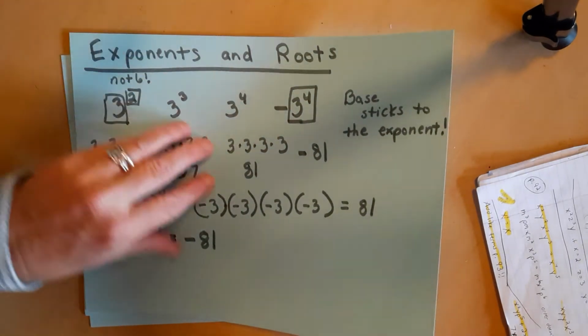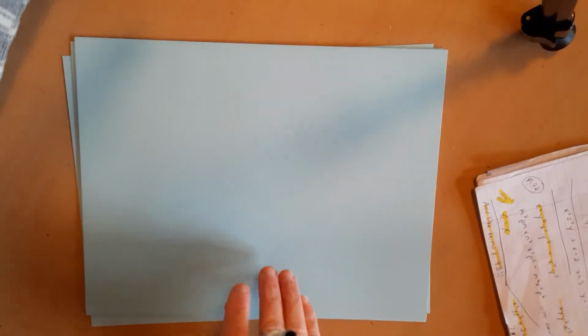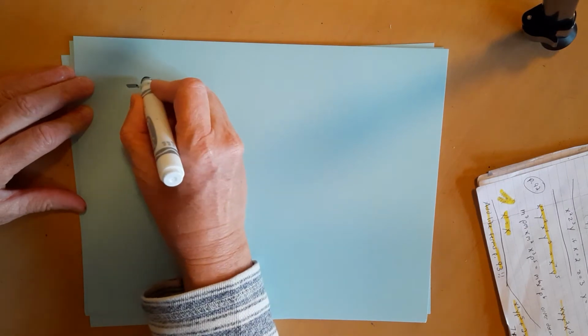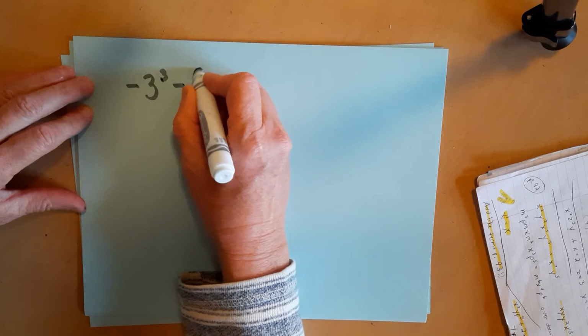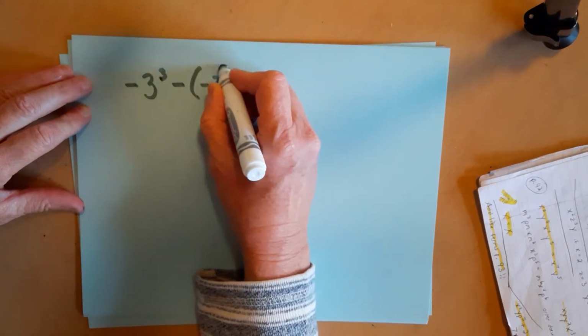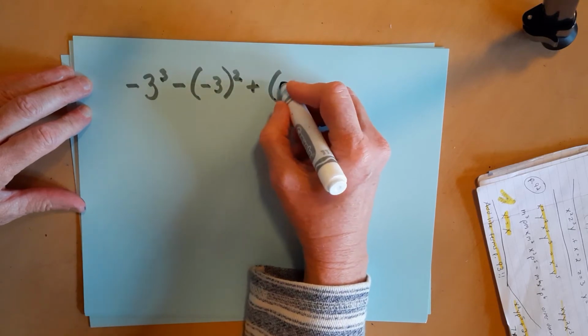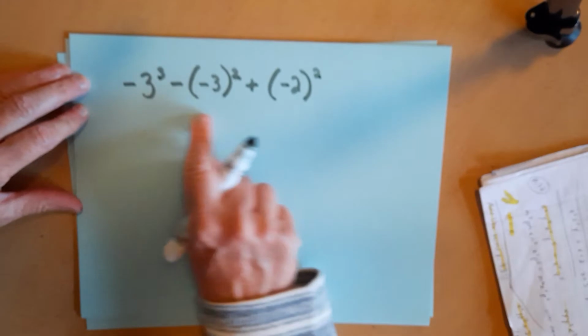So we're going to go ahead and move on to a problem that looks like this. If we have a negative 3 to the 3rd minus a negative 3 in parentheses squared plus in parentheses a negative 2 squared, we're going to see what this equals.